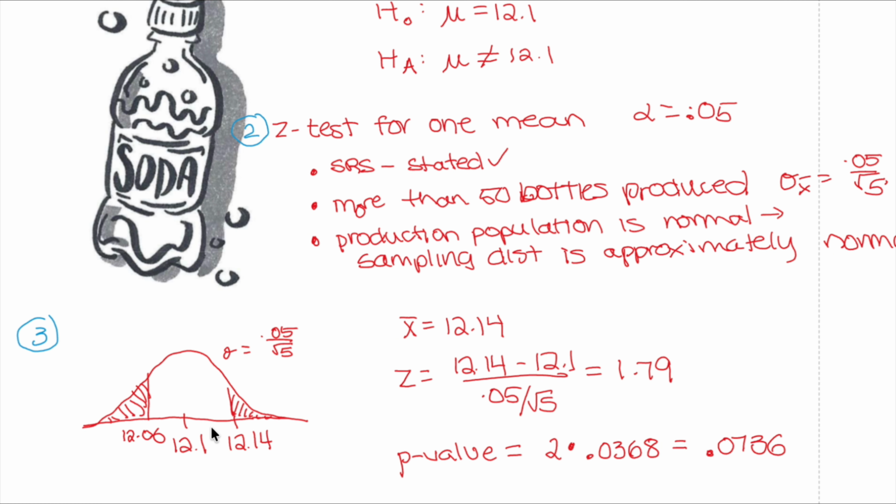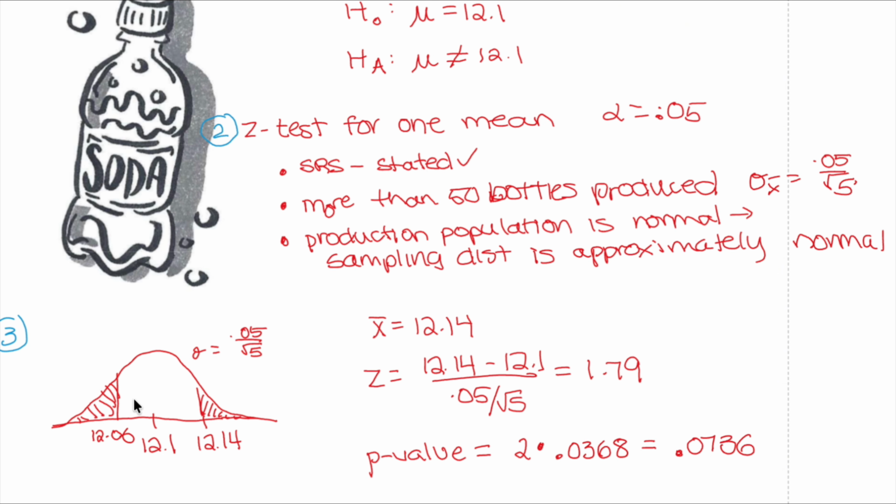Because we do not know if it's less than or greater than, we have to mark another value on the normal curve right here, which you're going to get by using 12.1 minus 0.13, and you will get 12.06 right here. So shade the region either less than or more than, because we don't know, so we want to make sure that we consider all the situations.